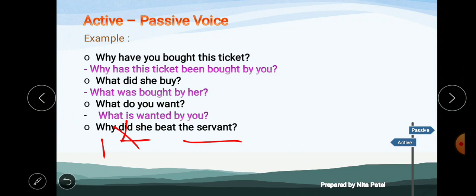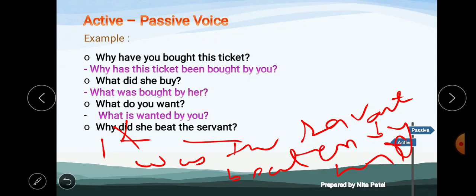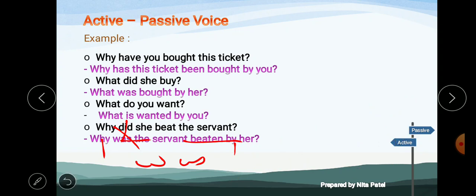So why the servant, singular third person, why was the servant, V3 form, beaten, by, the subject in objective form, she will become her, question mark. Why was the servant beaten by her?